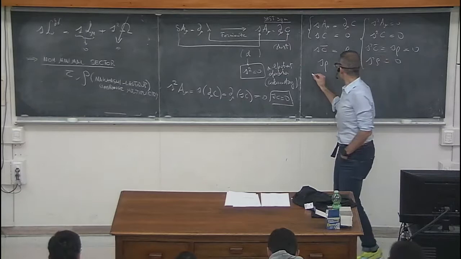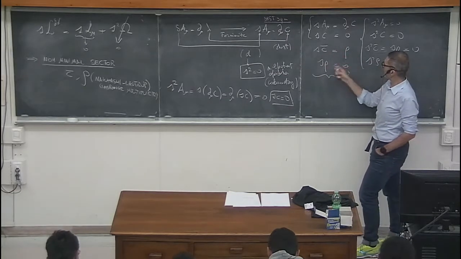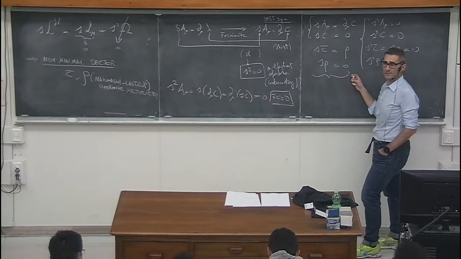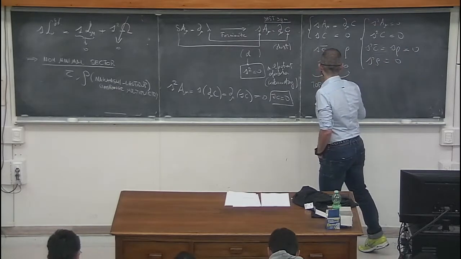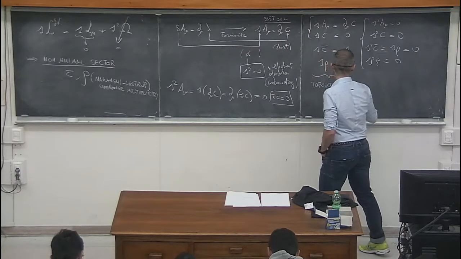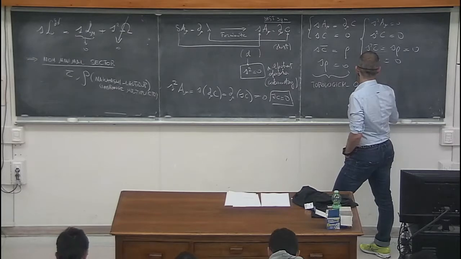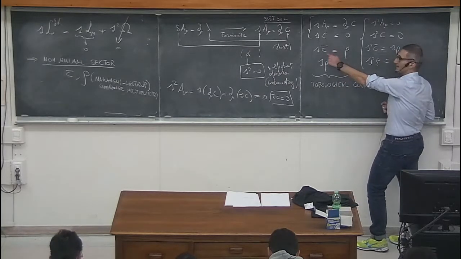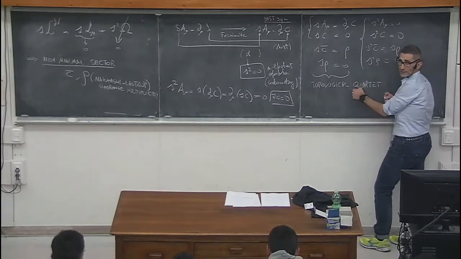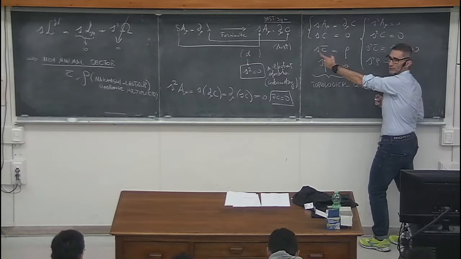Okay, this setup, namely I have two fields and they are related by BRST symmetry in this way, is called a topological quartet. Besides the fact that there are two fields only, it's called a quartet because, in principle, you can also add the conjugate momenta for those fields.